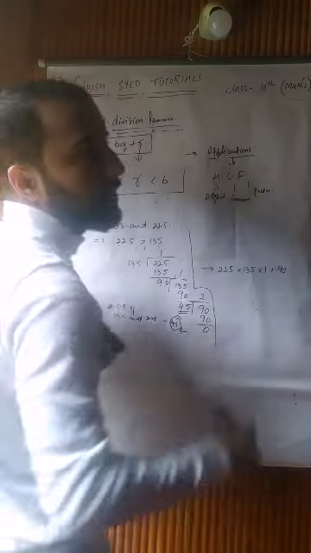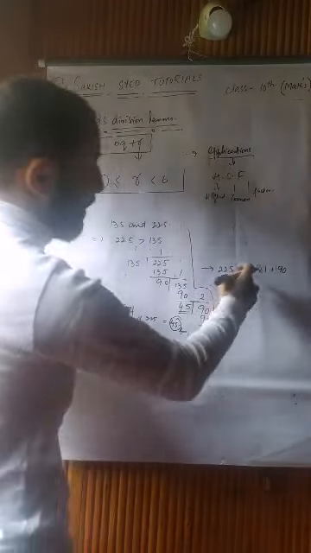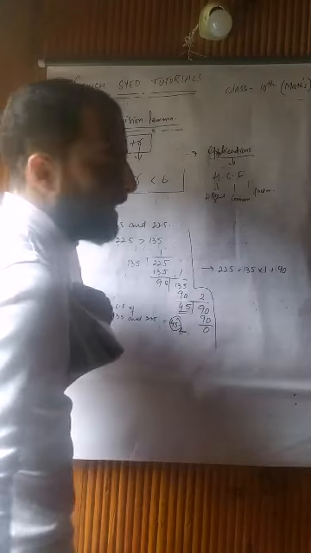This completes the first step: 225 equals 135 into 1 plus 90.